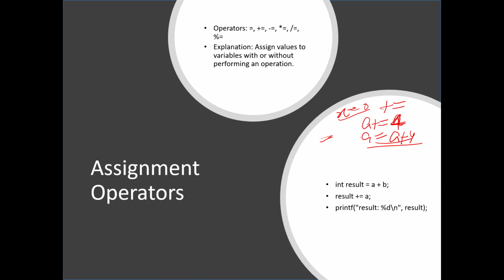So here we store the addition of two numbers, and if I write result plus equals to a, it means whatever the result was earlier plus the value of a, right? Now we print this one. Basically we manipulate variables which have an earlier value.